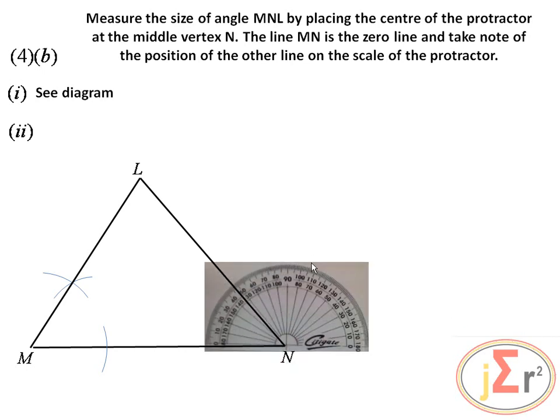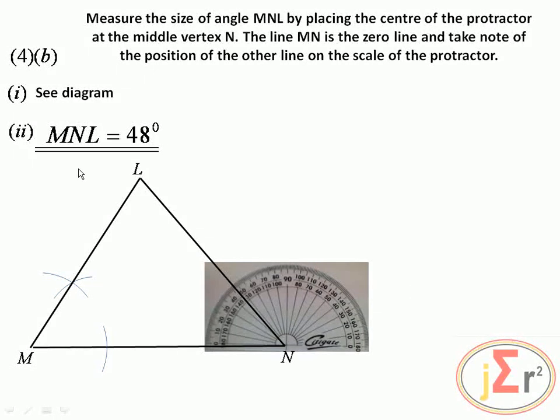So there we have the center of the protractor coinciding with N. One of the lines, we could probably use any one, but we are choosing to use the line MN as the zero line, and we are taking note of where this line actually is relative to the scale of the protractor.